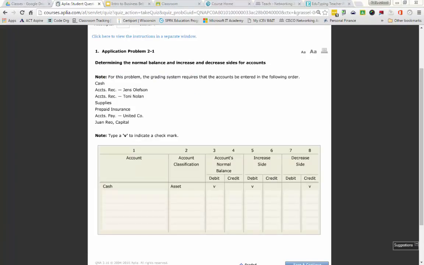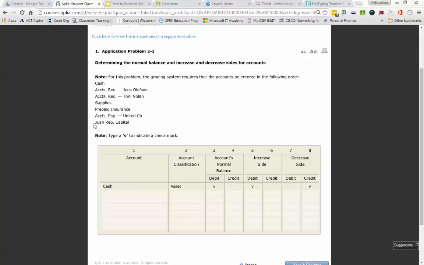Increase and decrease side. When we take a look at application 2-1, application 2-1 is done a little bit differently than our work together and on your own. You actually have a table that you need to fill in. Column 1, you're going to put in the name of the account, and you need to do it in order.